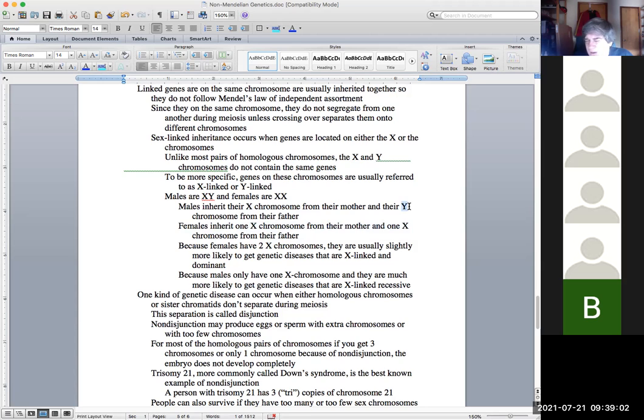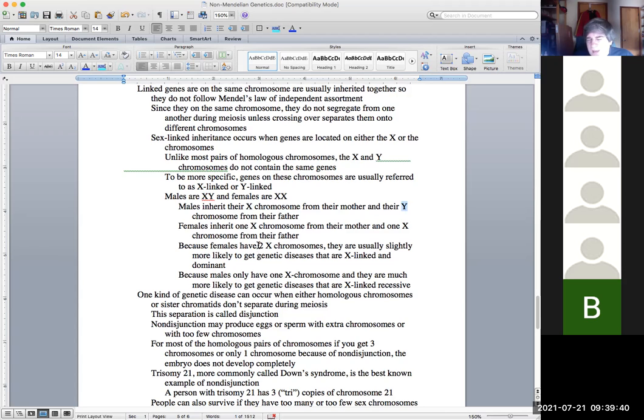So if I have a genetic disease on my Y chromosome and I have a big family, if I have 10 boys and 10 girls, and the gene is on the Y chromosome, none of the 10 girls will inherit it. All of the 10 boys will inherit it. So usually the pattern of inheritance for something that's Y-linked is very obvious. A male has it, his sons get it, his grandsons get it. None of the girls get it. The pattern is not always as obvious when we're talking about something that's X-linked.